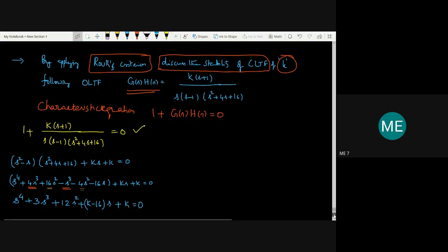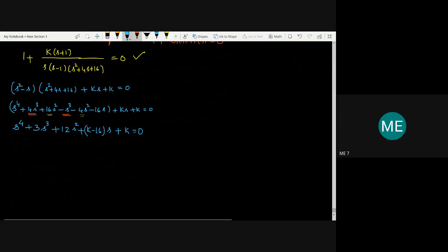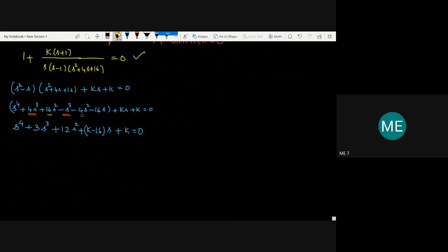Now I'll form the Routh array by using this characteristic equation. That is by writing s to the power of 4, s cube, then s square, then s to the power of 1, then s to the power of 0.